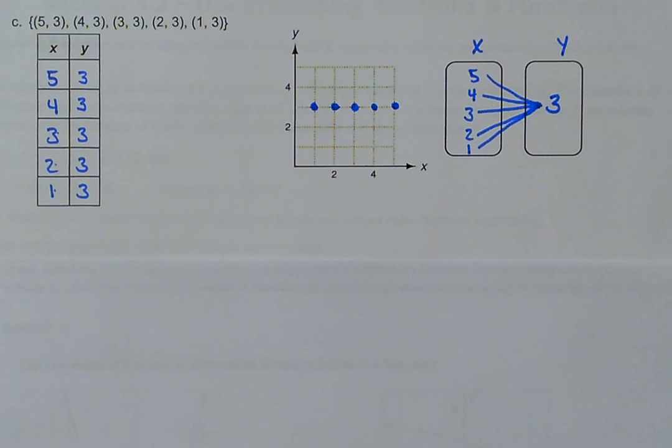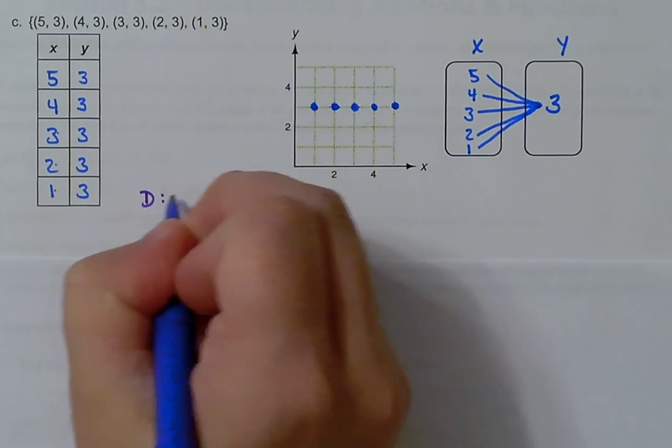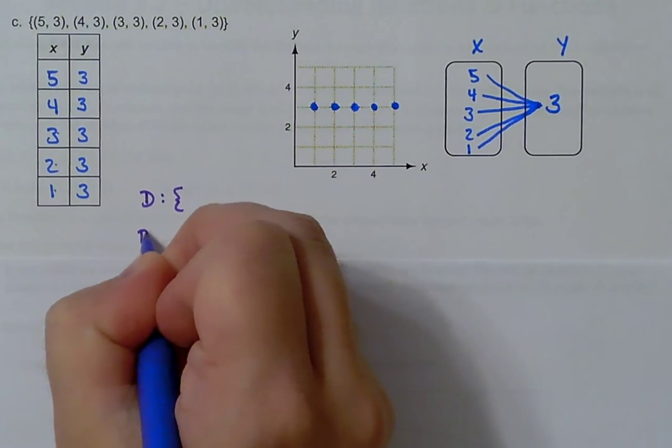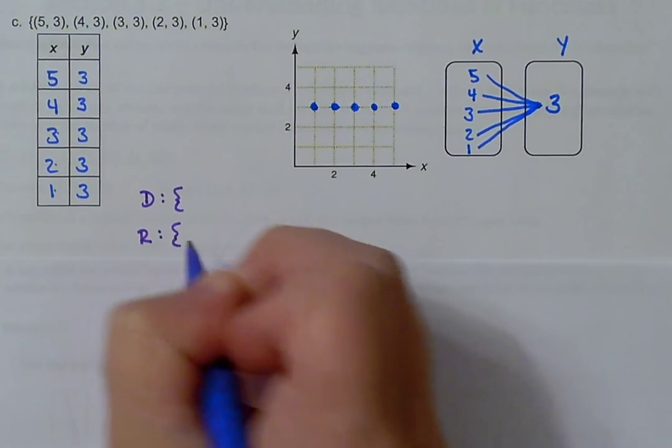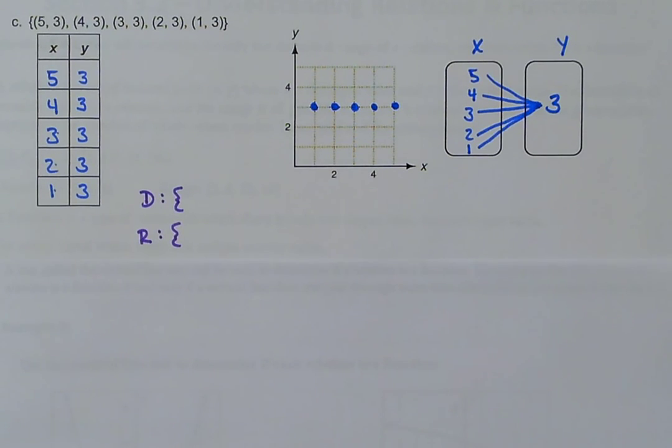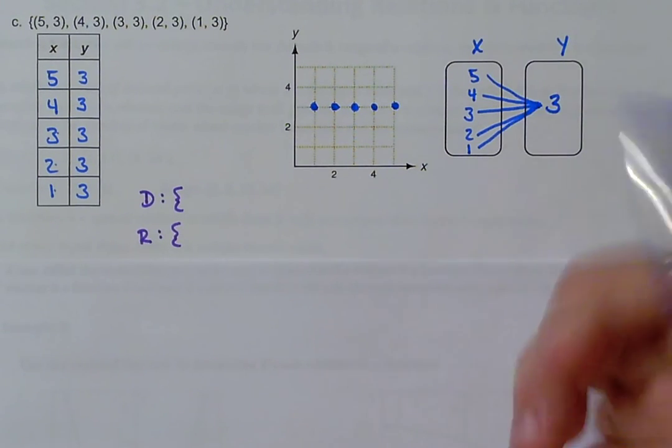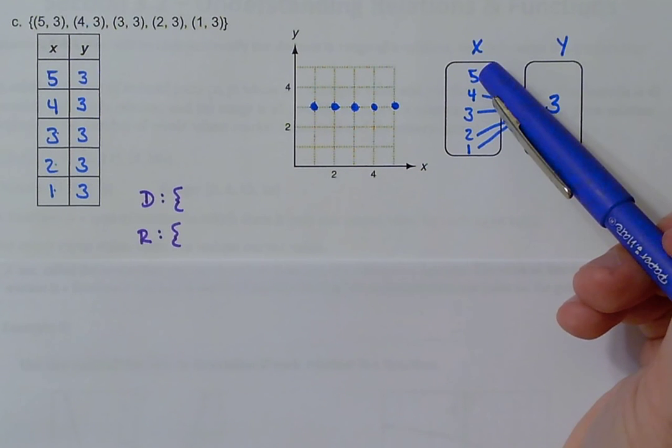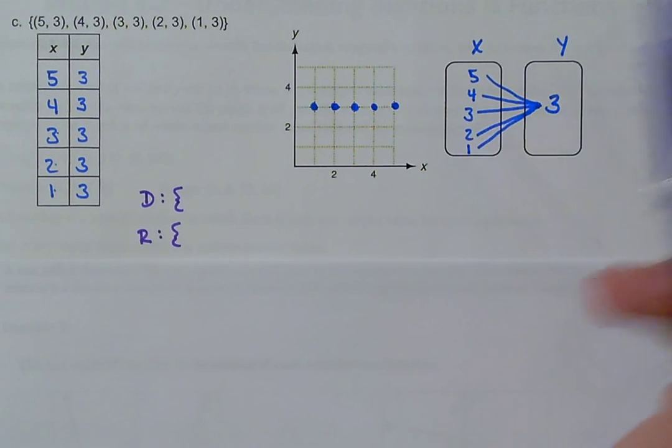Now, before we get into if it's a function or not, let's state the domain and range first. Again, domain is the x values. I'm going to go off the mapping diagram. So all my x values for the domain is 5, 4, 3, 2, 1. Sometimes they want you to put them in order.